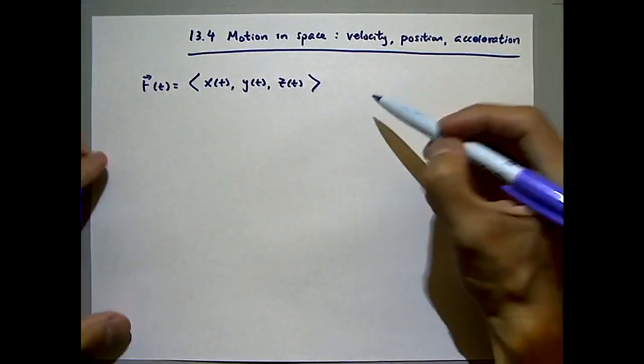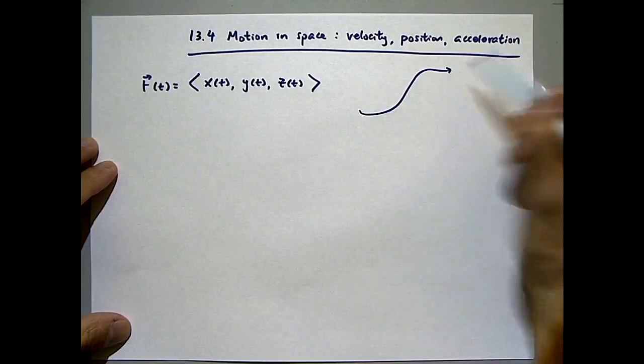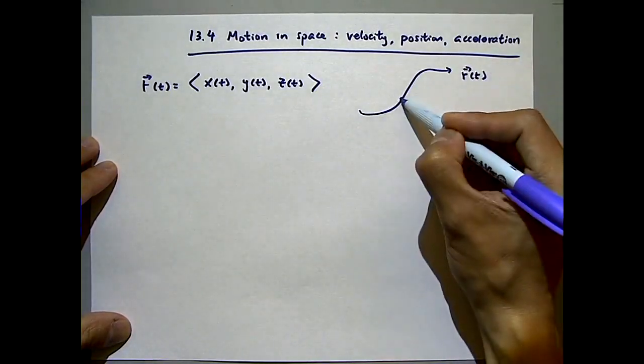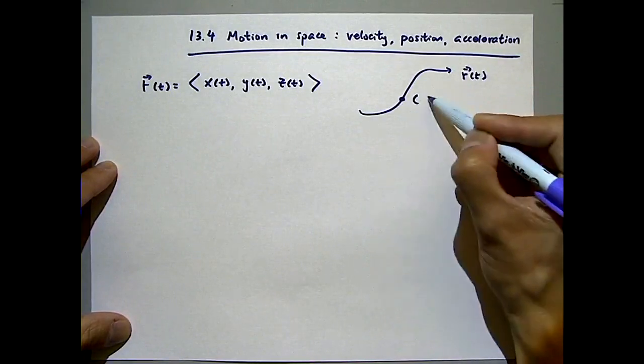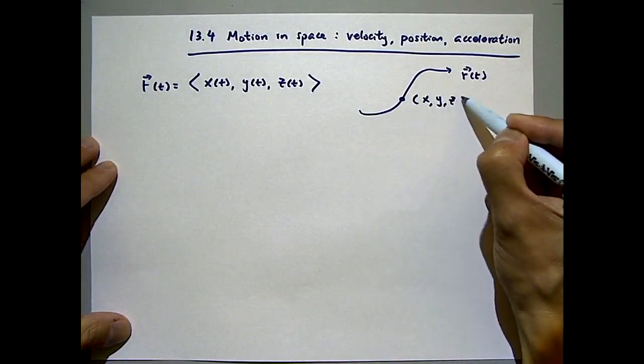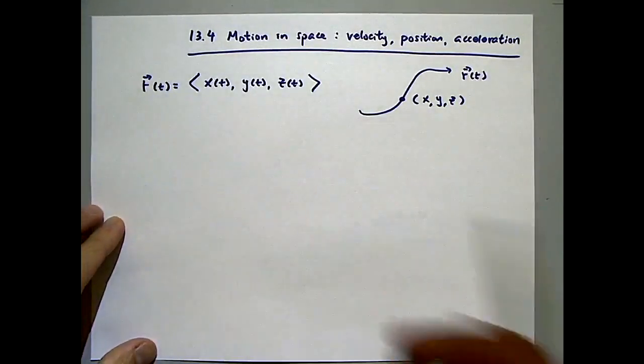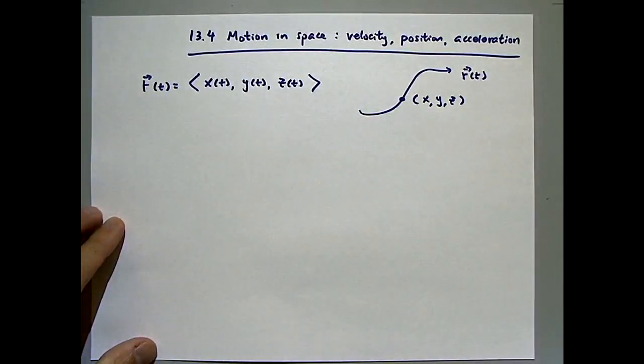As time goes on, this thing is doing whatever it's doing. And each point here is just some x, y, and z. And stuff you know from earlier calculus or physics still applies.